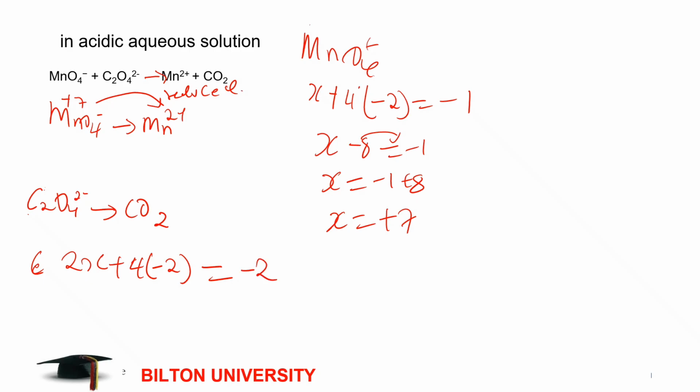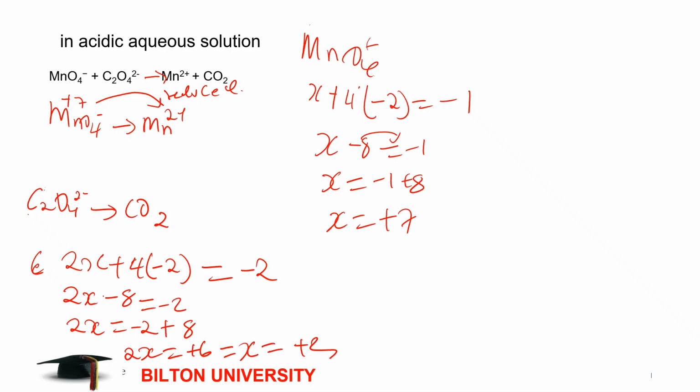So 2x plus 4 times -2 is -8, equal to -2, and 2x will be -2 plus 8. So 2x is equal to +6, and that gives our value of x to be +3. So it tells us that the carbon here is +3.